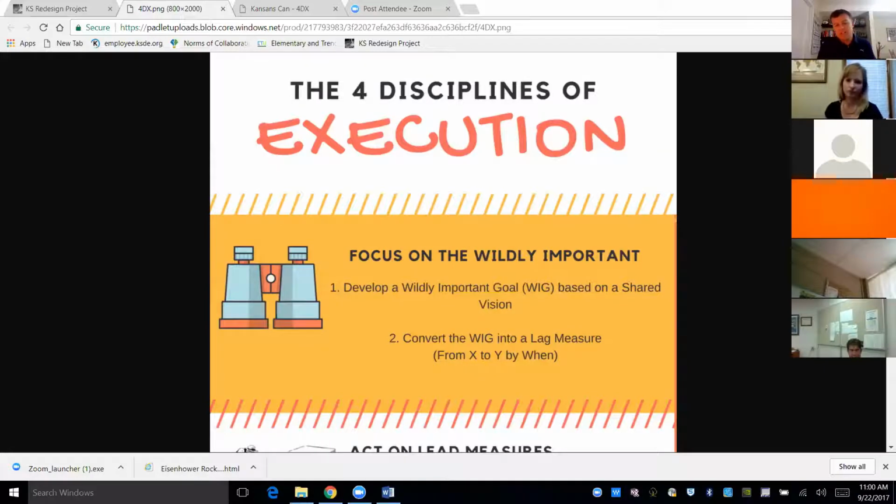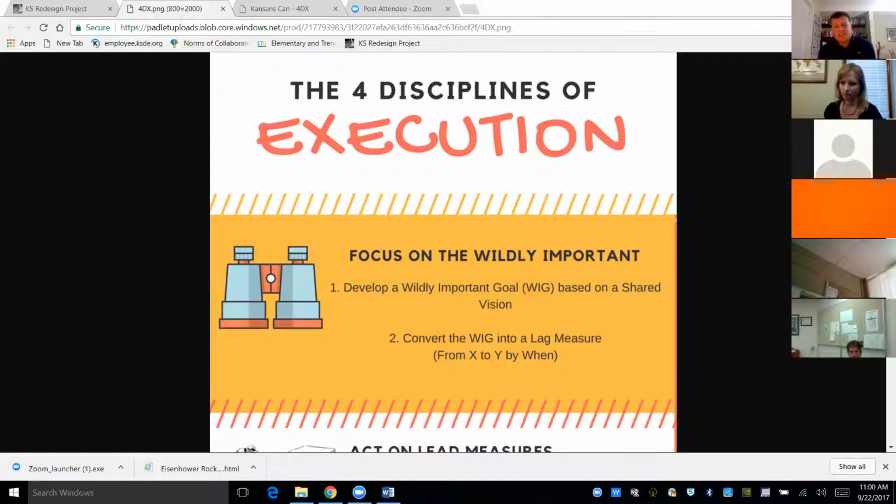How that works is from X, the current state of your students according to the vision, to Y, the desired state, by when, your timestamp. That's the first step, and that's where schools are right now.